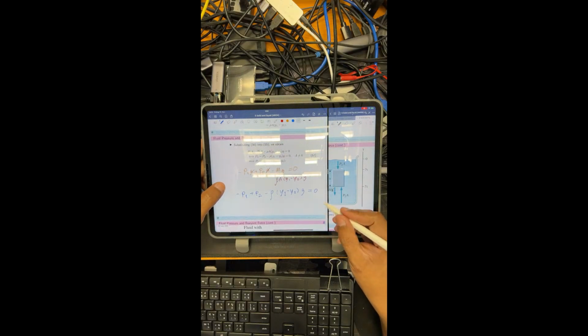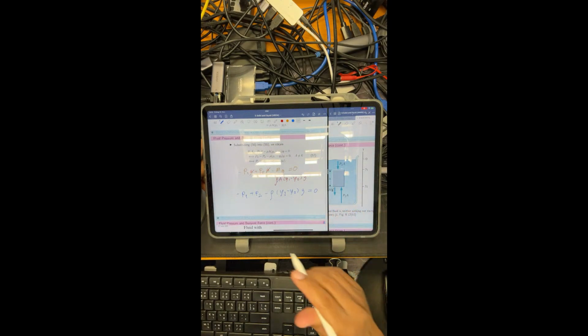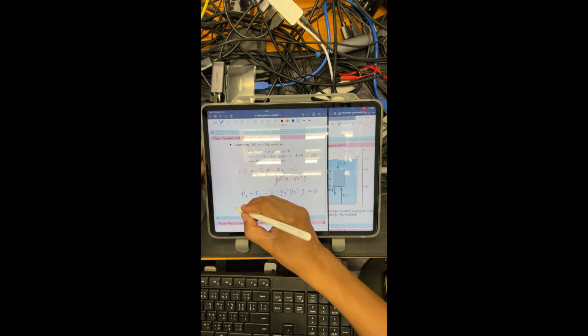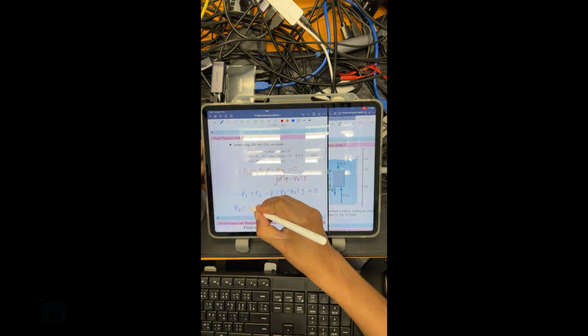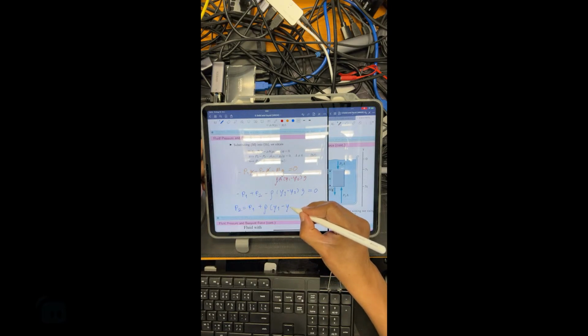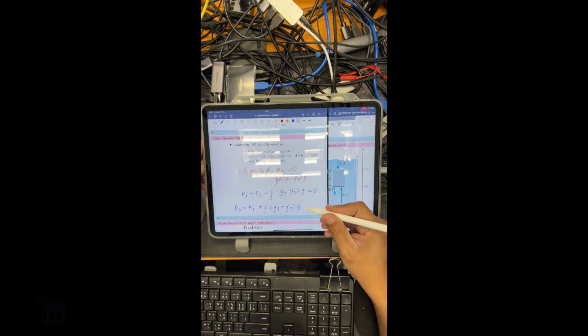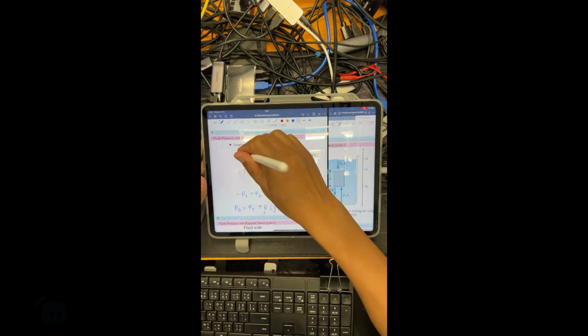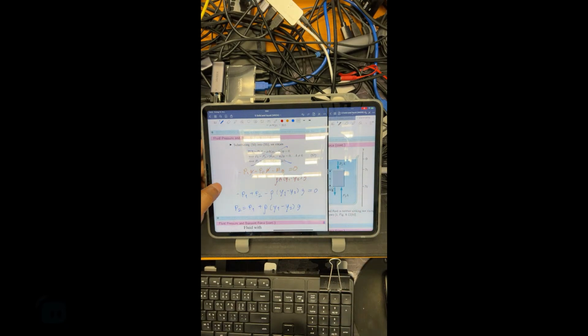And you can see that if you move the negative term to the right hand side, P2 will be P1 plus rho (y1 minus y2) g. All right, this is the correct way. This one is incorrect. I'm gonna change it later.